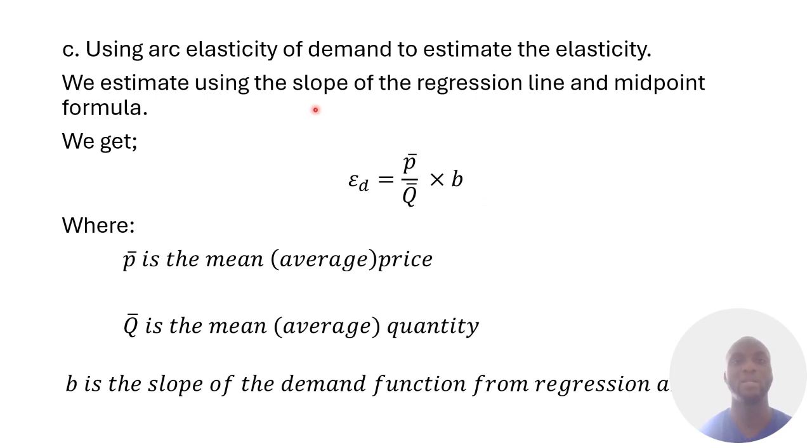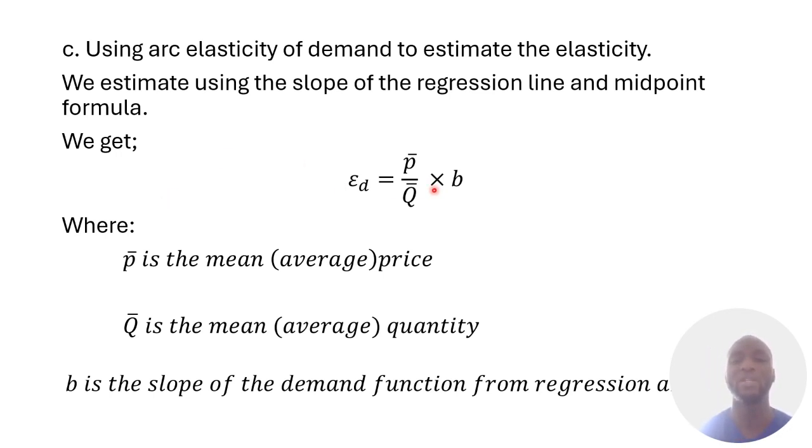Question C. Now, question C says to use arc elasticity of demand to estimate the elasticity. How do we use arc elasticity of demand? If you remember in the previous classes, we've covered how to do elasticity of demand.